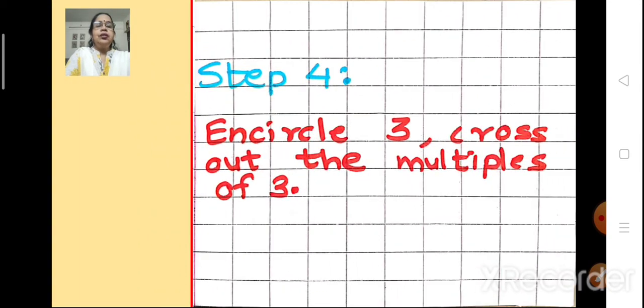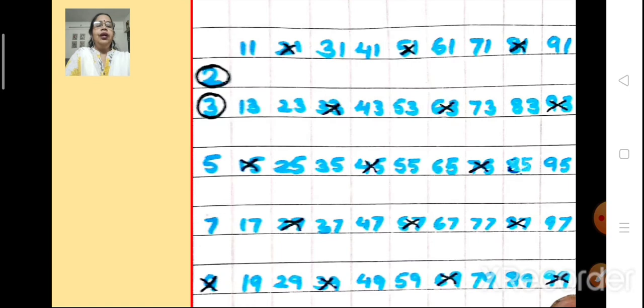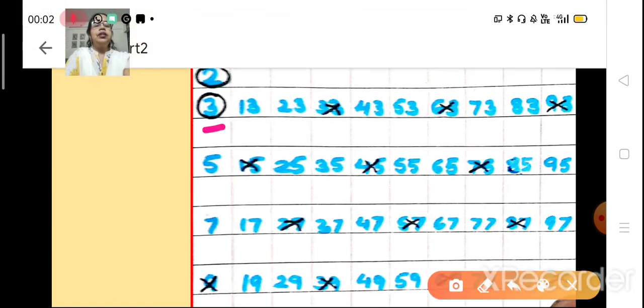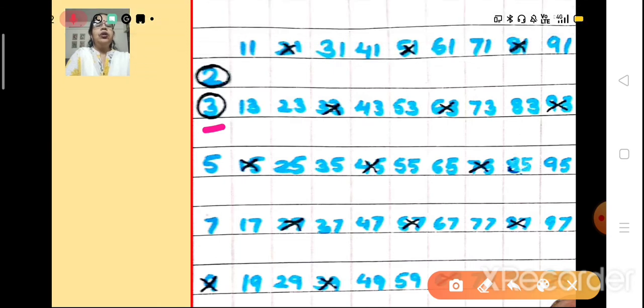We encircle 3 and cross out all the multiples of 3. So let's do that. We have circled 3 here and crossed out all the multiples of 3. That means 21, 51, 91. Similarly 33, 63, 93.